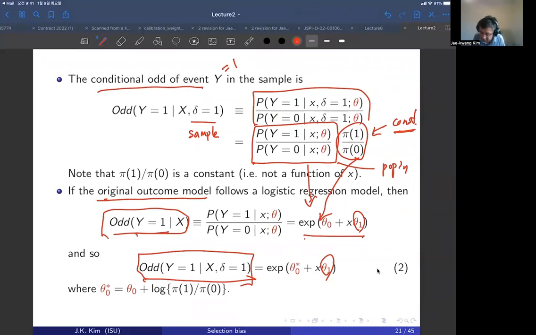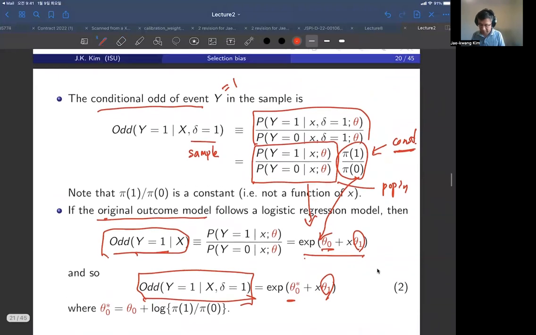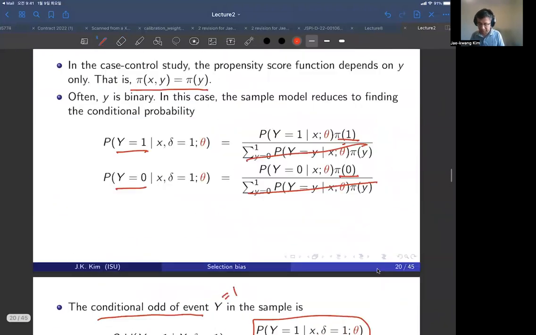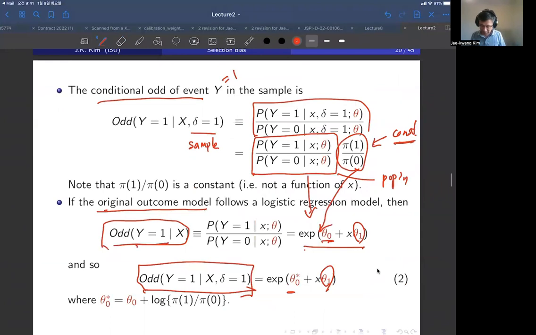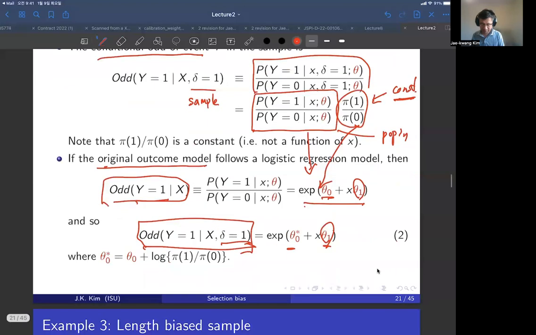Only the intercept changes, but usually we care more about the slope part, not the intercept part. And so that means you get a lot of efficiency gain if you use the length biased sample, I mean, if you use a case control sample, because you have more sample size for cases. So this is a better strategy.